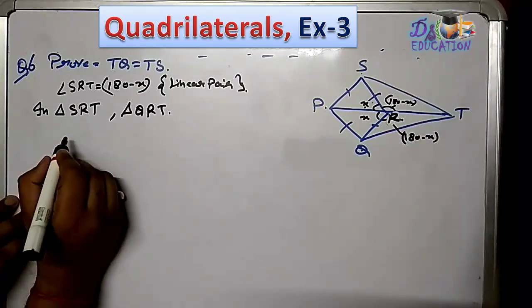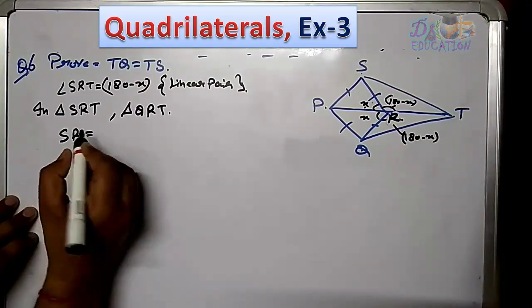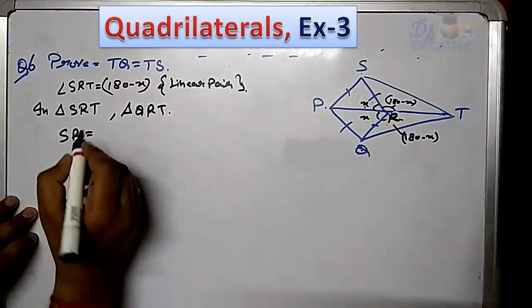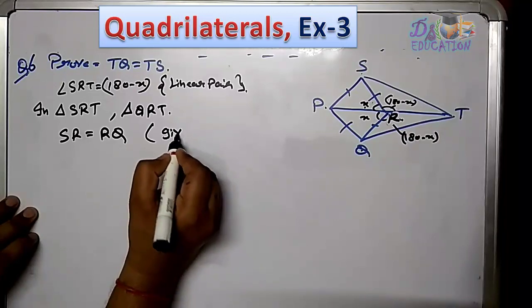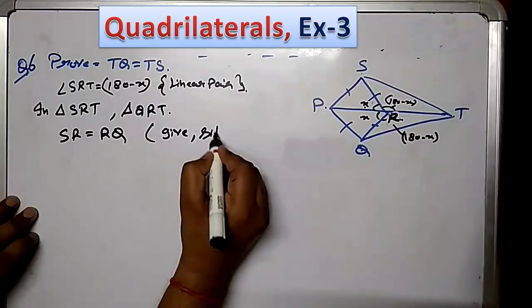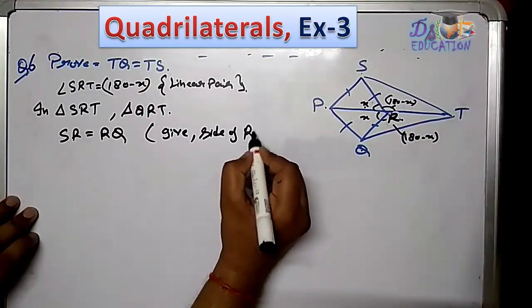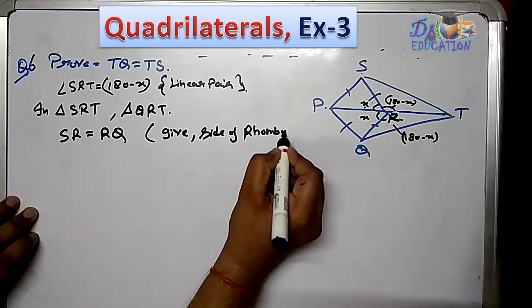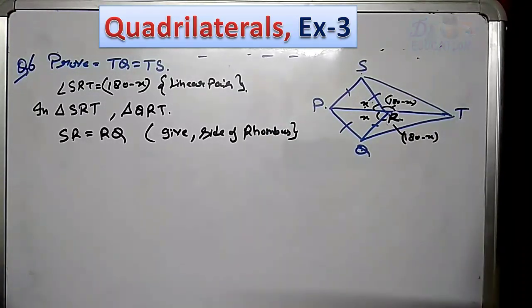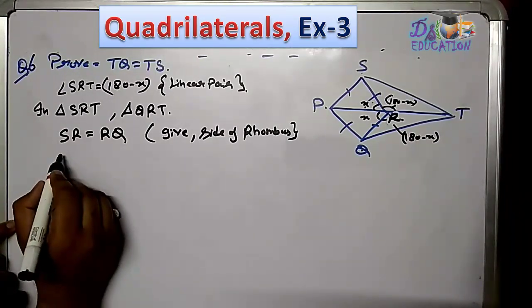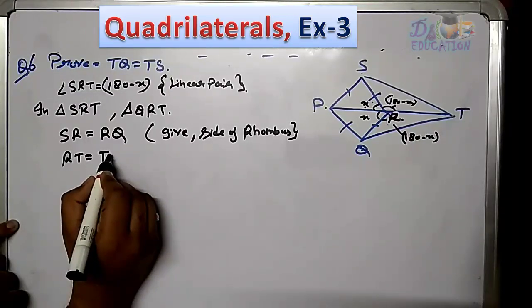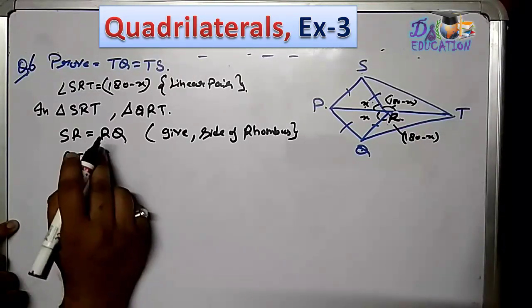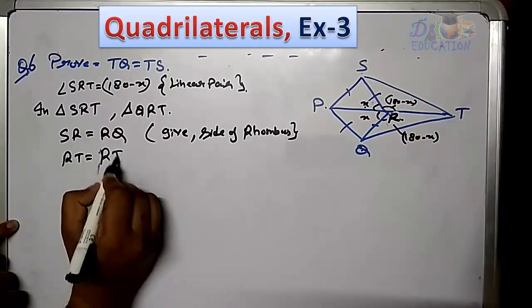In this, SR is equal to RQ. Why? It's given, sides of a rhombus are equal. Already given. Second thing, RT is equal to RT. Why?